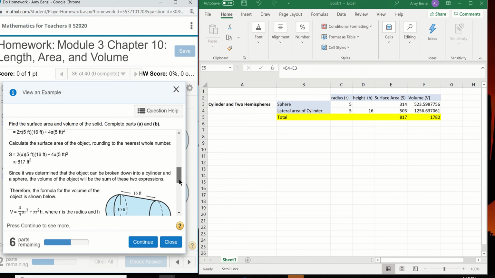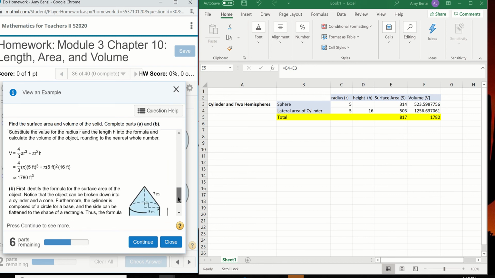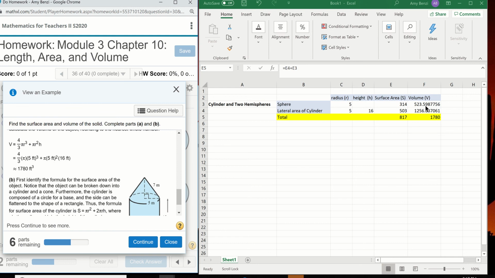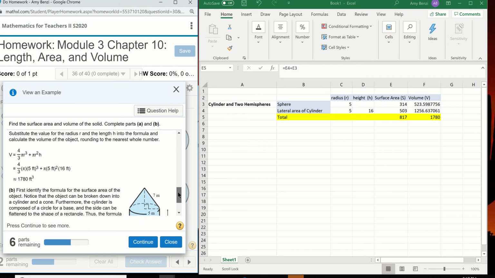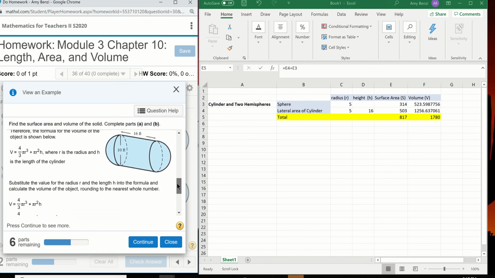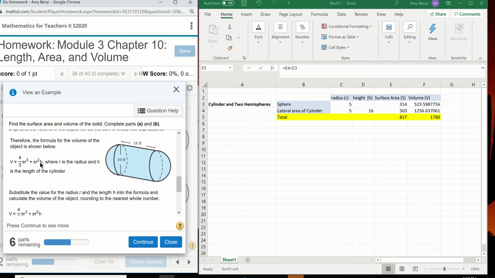I was going to do this differently, but I've already got this open, so I'll just show you. For the volume formula, they skipped the steps of adding the two pieces together and just gave us the entire formula here. This is 4/3 times pi times the radius cubed, the formula for the volume of a sphere.